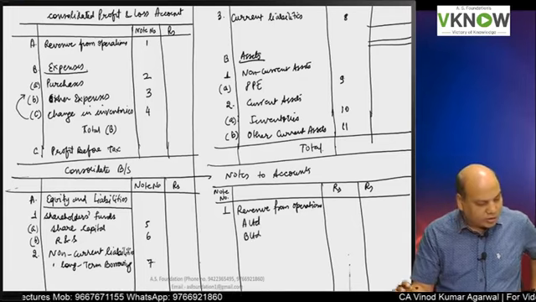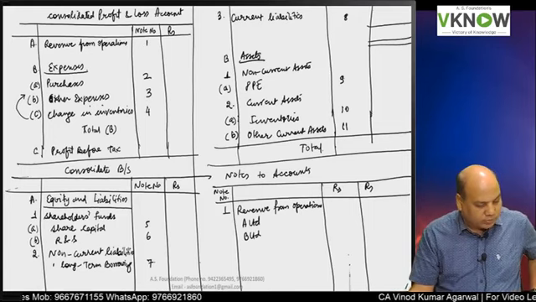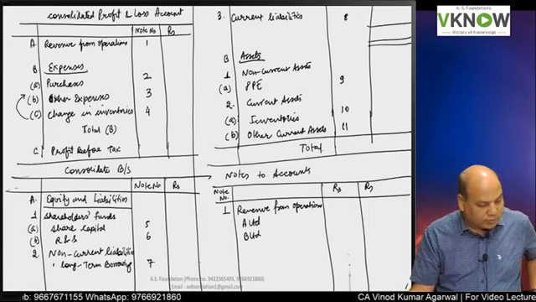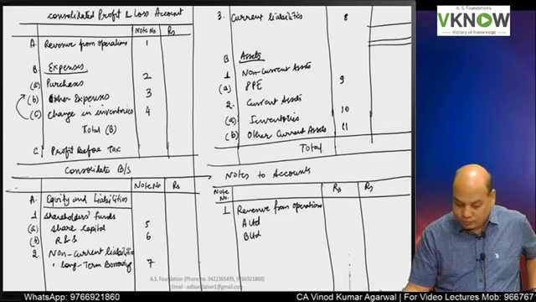So as per the instruction given in the problem, third line of the question, A and B will share the revenue and expenses in the ratio of 5:4.